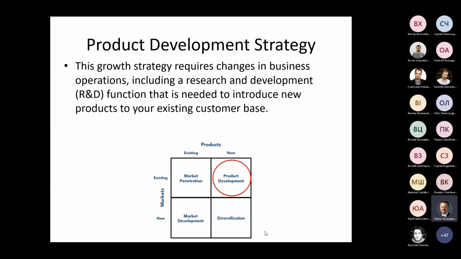What is the benefit? The benefit in this case is that customers know our company, and if they believe that we are providing a product with a good quality, maybe they will buy another product connected with our company.